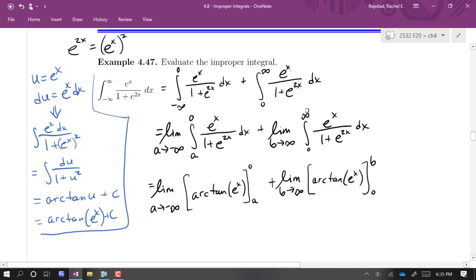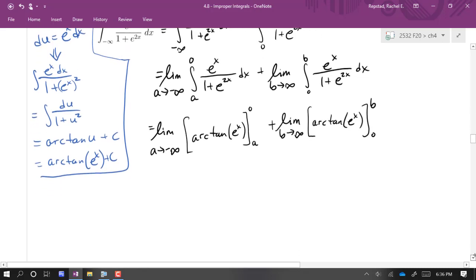And I just realized that on the top line, in the middle line here, that was supposed to have a b there. Okay, now we can plug in our limits of integration, and pretty soon we'll be ready to evaluate the limits.